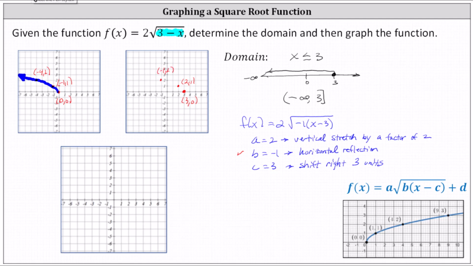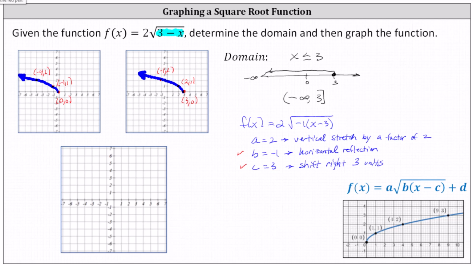And now let's graph this function. This is the graph of the basic square root function after it's been horizontally reflected and shifted right 3 units. And finally, we have a equals 2, which is a vertical stretch by a factor of 2. This affects the y values, so we now take these 3 key points and multiply the y values by 2.